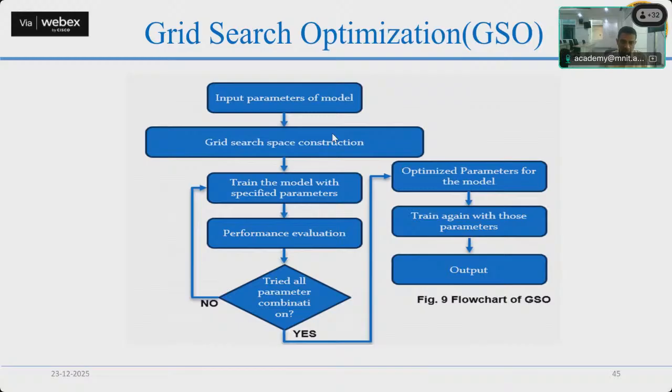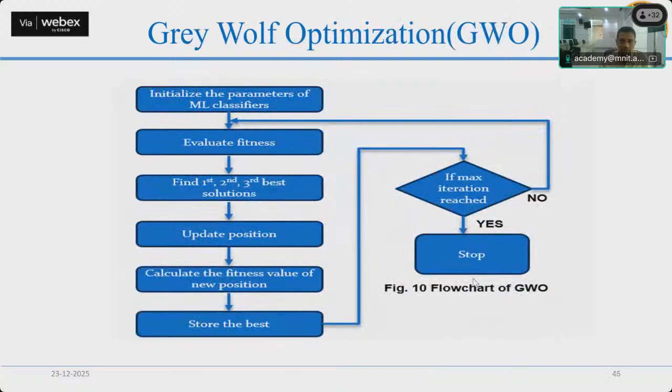If it is giving a good result, then it is fine. If not, then you optimize the parameters for the model and train again with those parameters. Then the output is there, and it flows. Overall they seem to be the same, but what differs is their function, what happens in between, and how they are fit. So that is different.